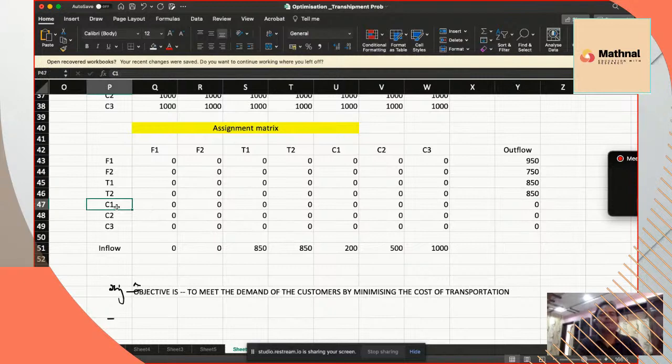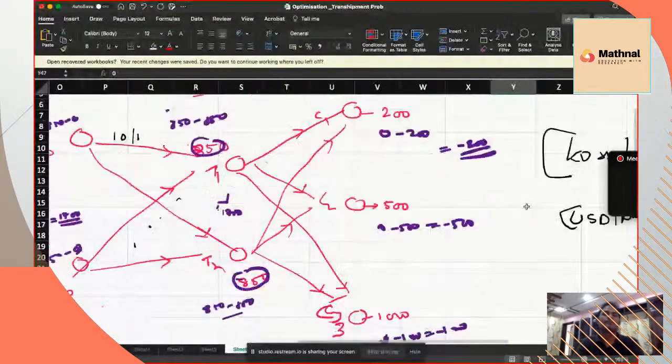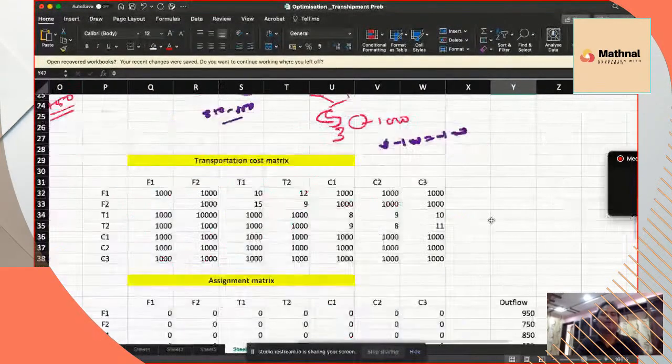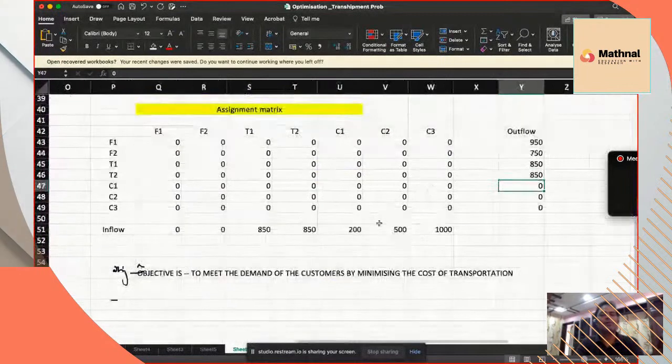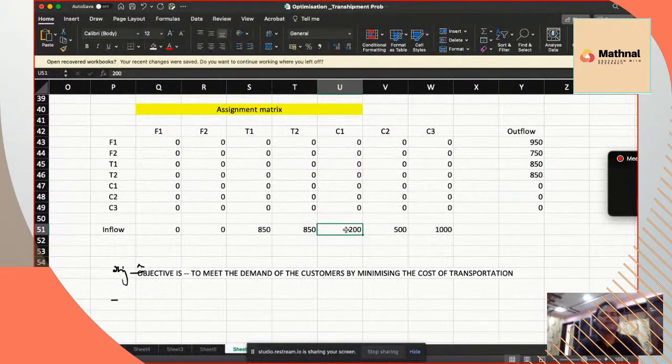At customer point 1, there is no outflow. As per this network, the customer is only receiving, which means an inflow of 200. Same with customer 2, there is no outflow, only receiving 500. At customer 3, there is no outflow, only receiving 1000.